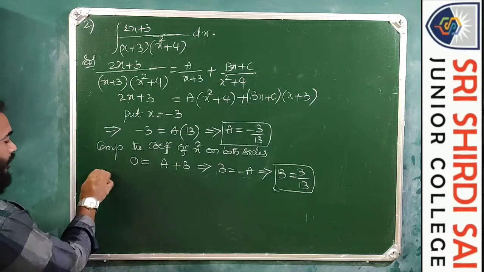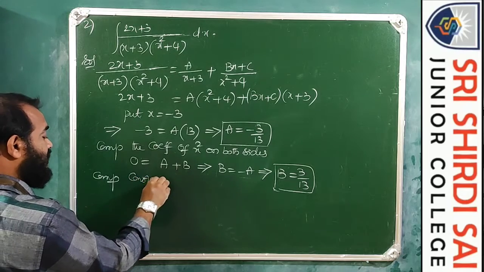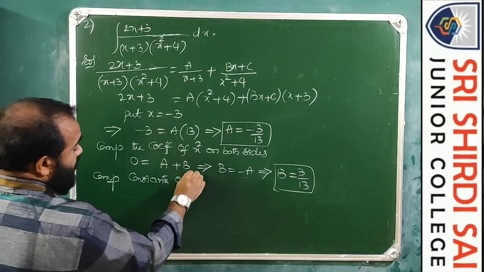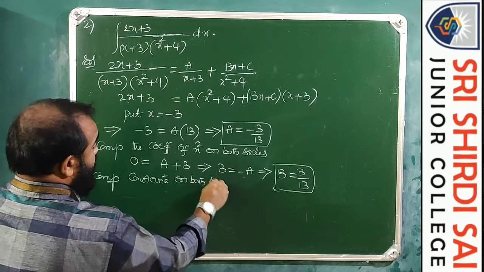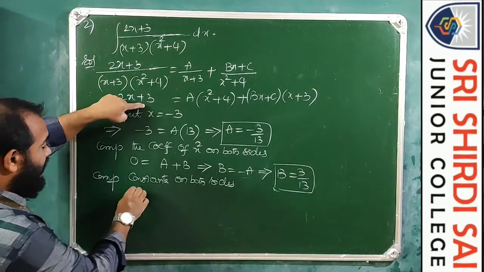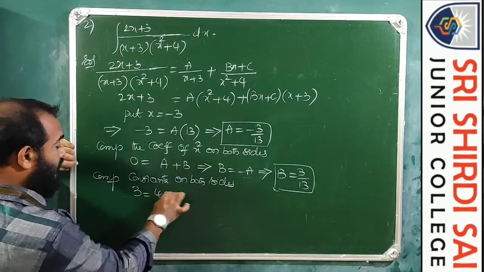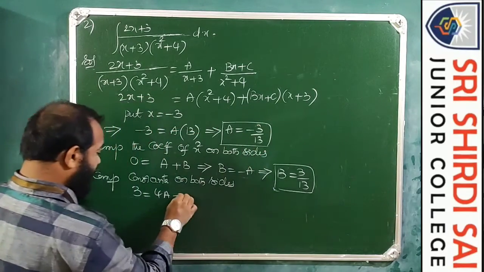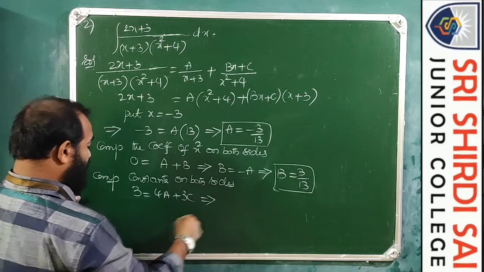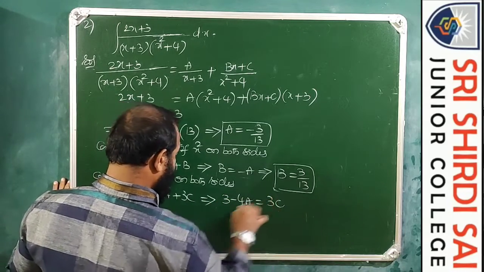Now comparing constant on both sides. The constant is 3 in the LHS. 4 into A, 4A. This is 3 into C, 3C. So 3 minus 4A is equal to 3C.